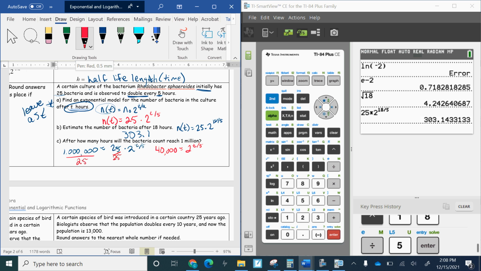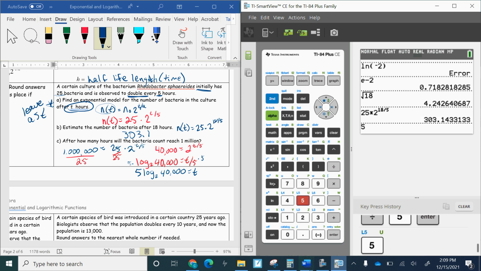Now to get the variable out of the exponent position, I need to convert this to a log. So log base 2 of 40,000 equals t over 5. And then we multiply by 5 each time. So 5 log base 2 of 40,000 is what you're going to type into your calculator from there.